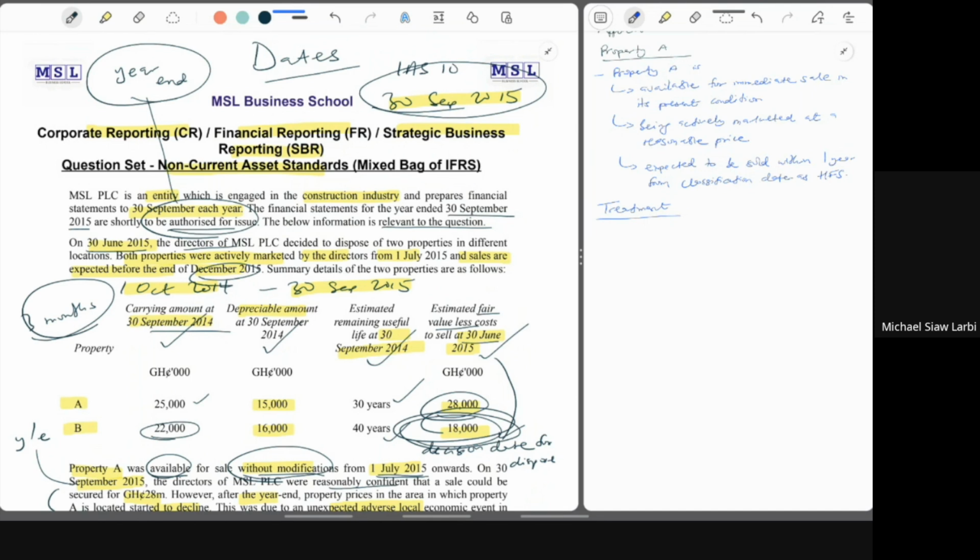I'll repeat this. Our financial year starts from 1st October 14 to September 15, right? In this question, the held for sale classification was done on 30th June, 2015. So it means the whole of July, the whole of August, and the whole of September, 3 months. You would have met the held for sale classification and you should stop depreciation in line with IFRS 5.